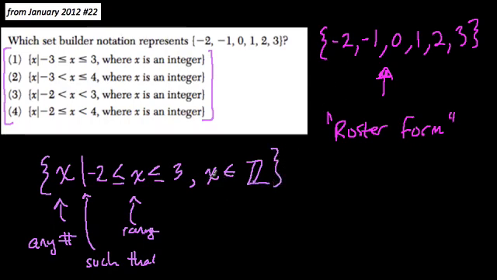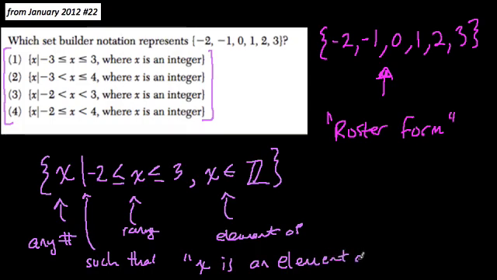But you can also say where x is an integer. That means the same thing. So this symbol here means "element of," and as a complete phrase, it means x is an element of the integers, which is another way of saying x, where x is an integer, as they wrote up here. It's all the same thing.